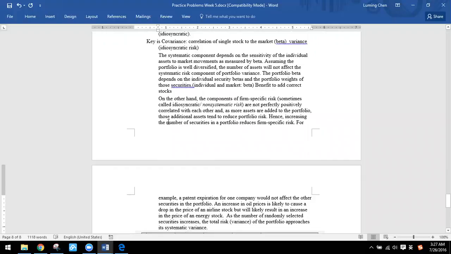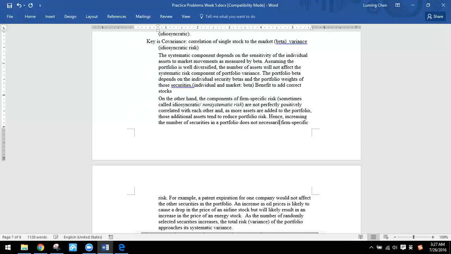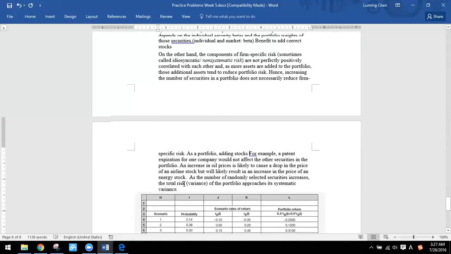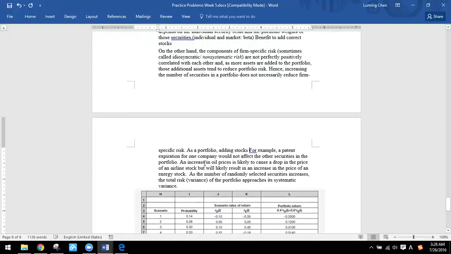So here, increasing the number of securities in a portfolio does not necessarily reduce firm-specific risk, but as a portfolio, adding stocks like the oil company and the airline company, oil and airline, is beneficial.